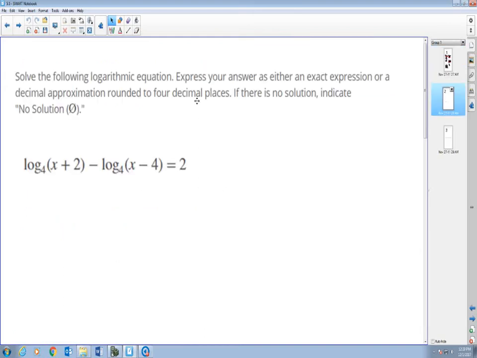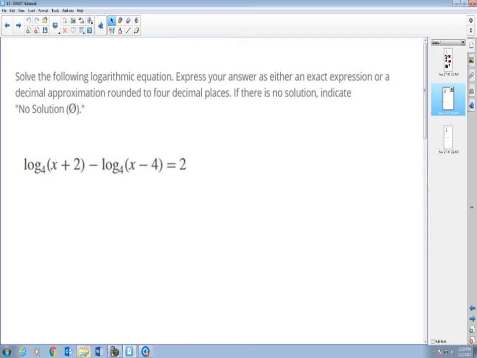For this problem, what I want to do is make these two logarithm terms back into a single logarithm. What I want to see is a log on one side and the other side does not have a logarithm.